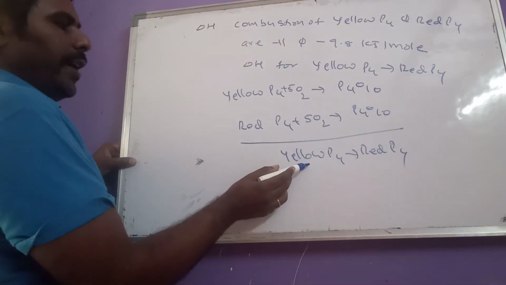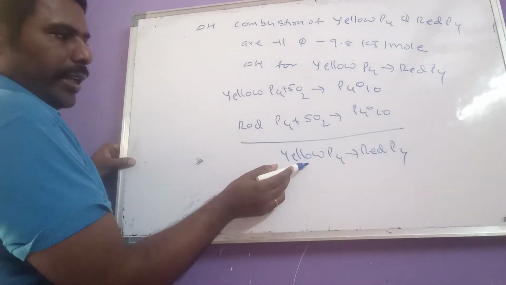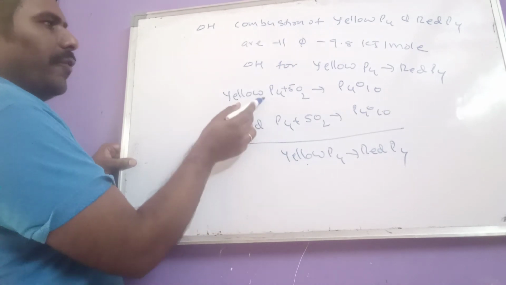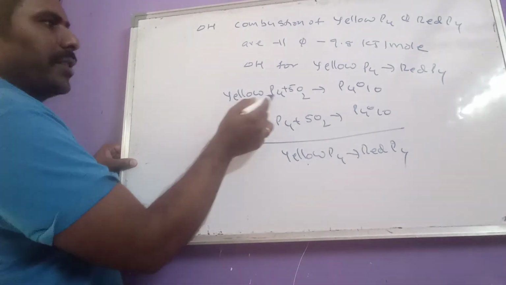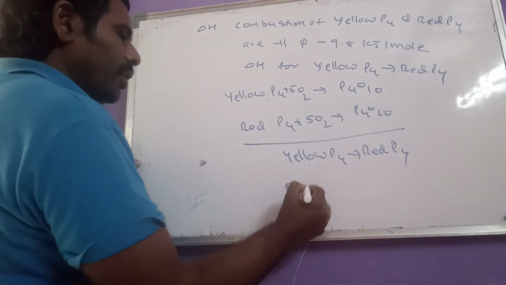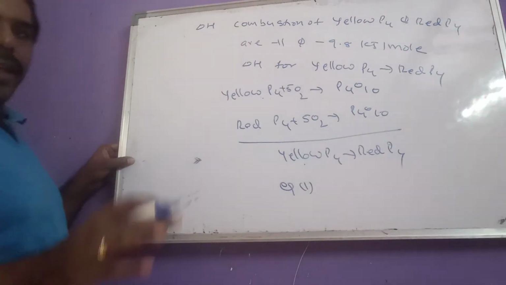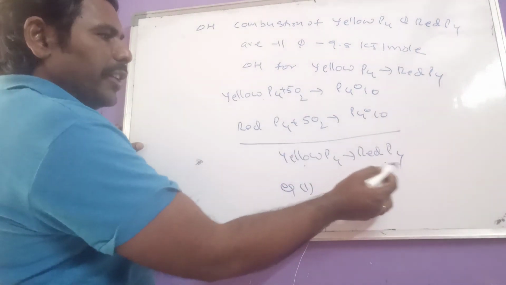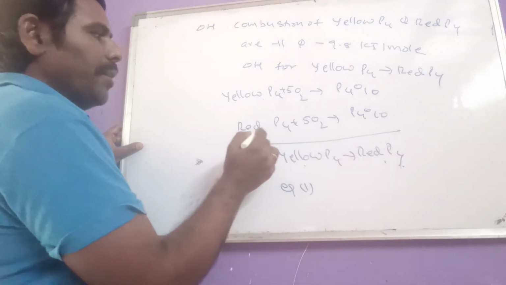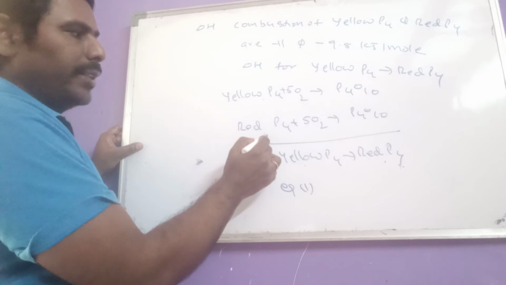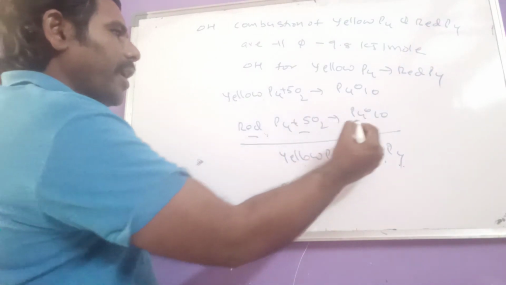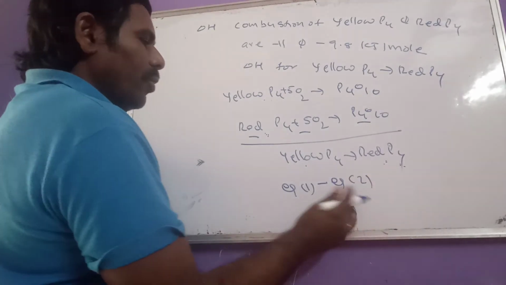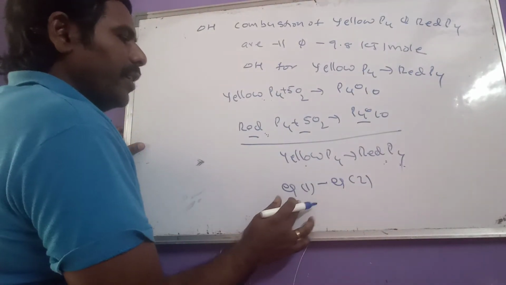In the required equation, yellow phosphorus is present in left hand side. In the first equation also yellow phosphorus is in left hand side. So don't disturb equation 1, write as it is. But in the required equation, red phosphorus is in right hand side, but in the given expression left hand side. So we have to subtract this second equation. So equation 2 should be subtracted from equation 1.